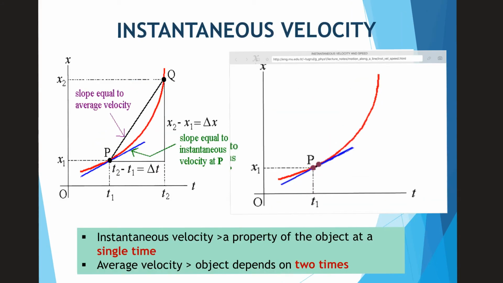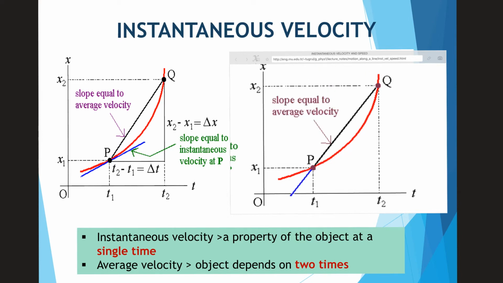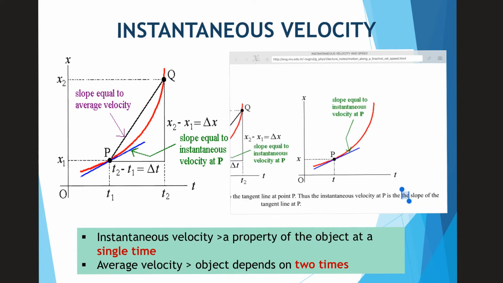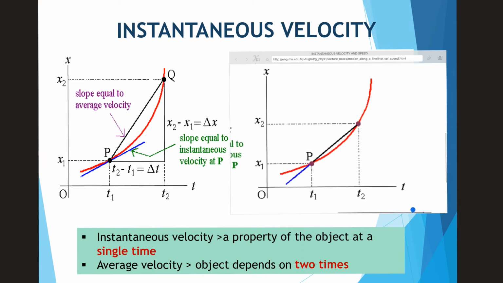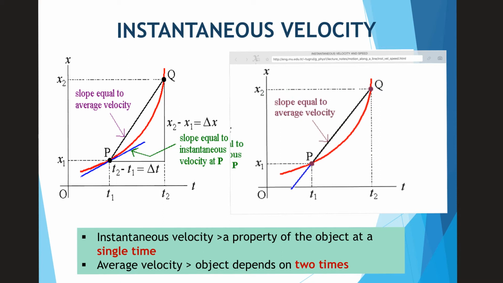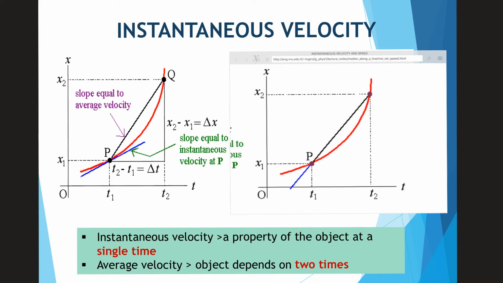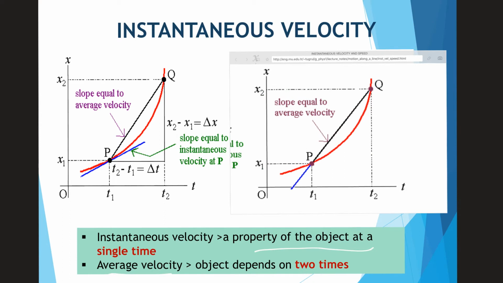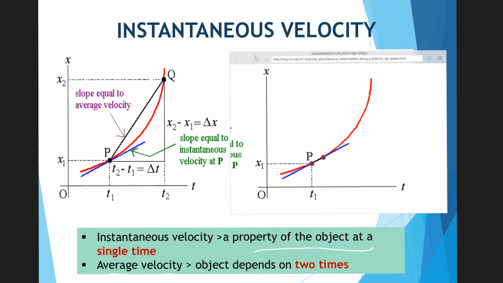As you can see from the animation, when Pi approaches P, the slope of average velocity becomes the slope of instantaneous velocity at that particular P. So the instantaneous velocity is a property of the object at one single time, at that particular time, while the average velocity depends on two times. Got it? Okay, good.